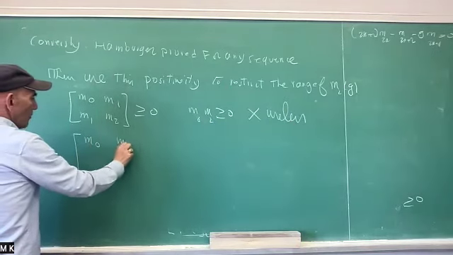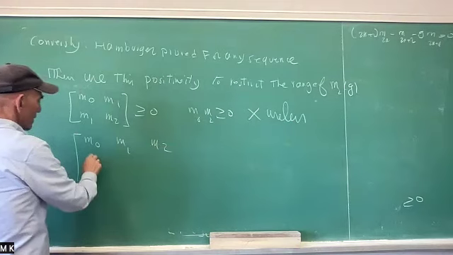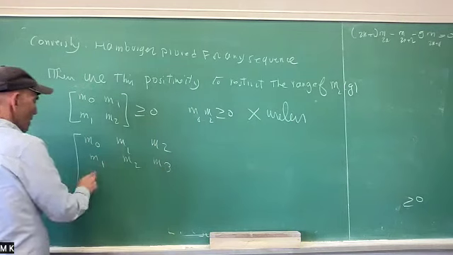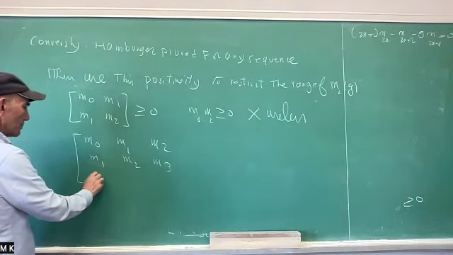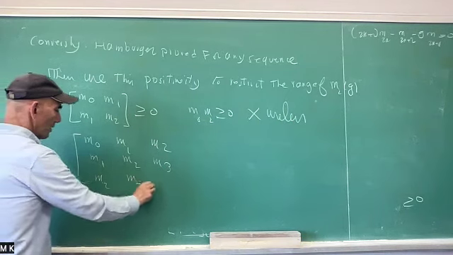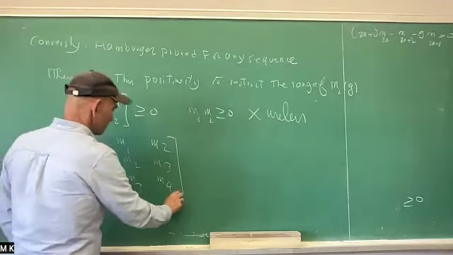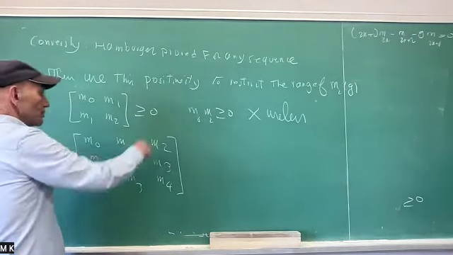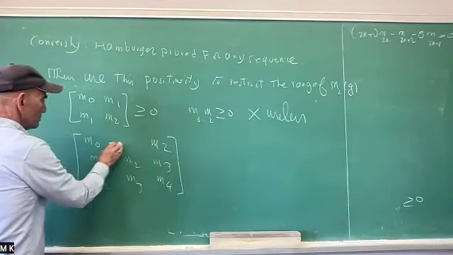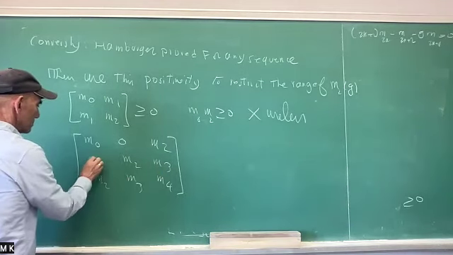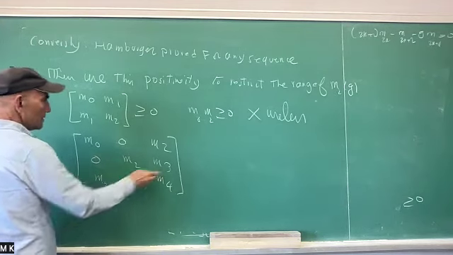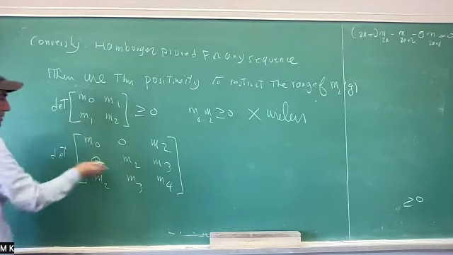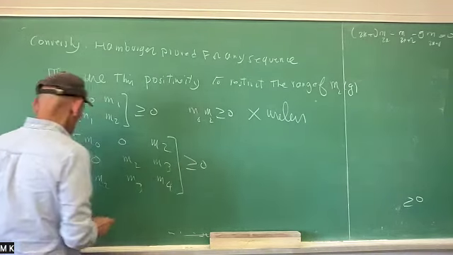M0, M1, M2, and then we've got M1, M2, M3, and then M2, M3, M4. We have to use this information: M1 is 0, M3 is also 0, and the determinant of this matrix is bigger than or equal to 0.